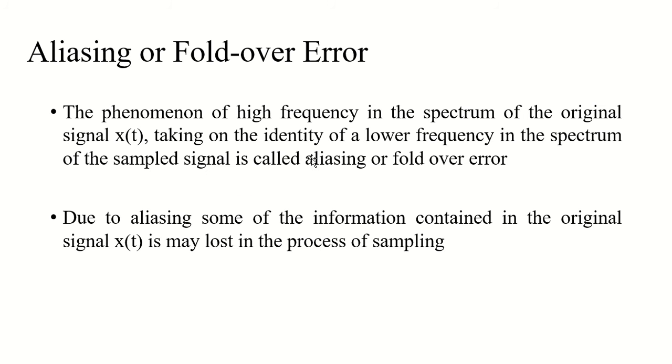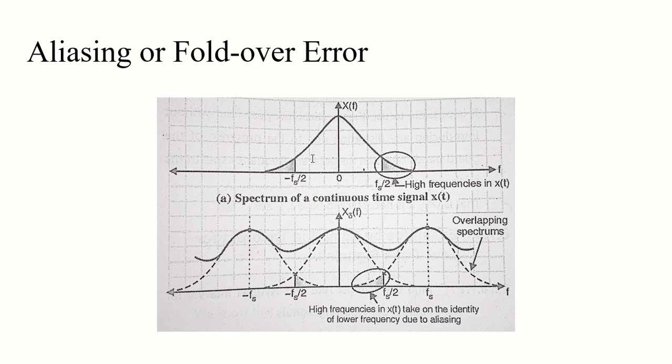So the signal x of t is not a strictly band limited signal, and the spectrum of x of t is something you can see in this image. Here we have the spectrum of x of t. And we take another discrete time signal x delta of t, and when we take the spectrum of that, you can see it here, the x delta of t spectrum.